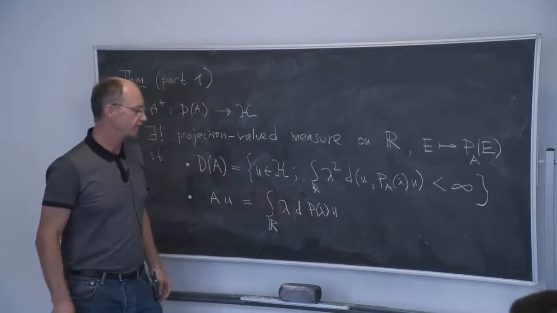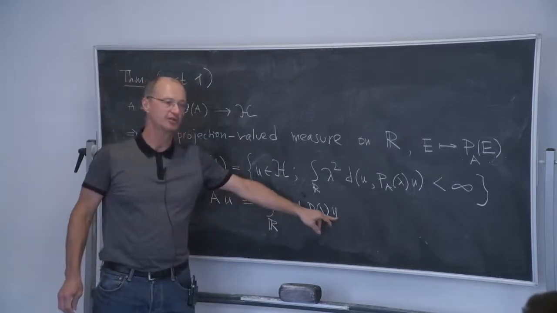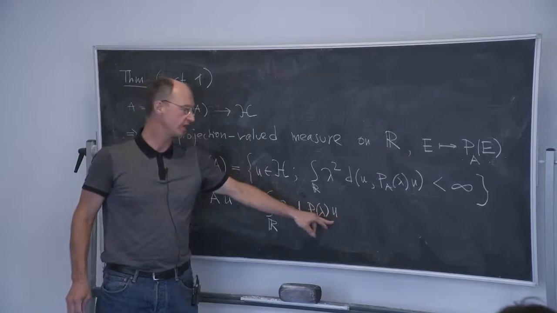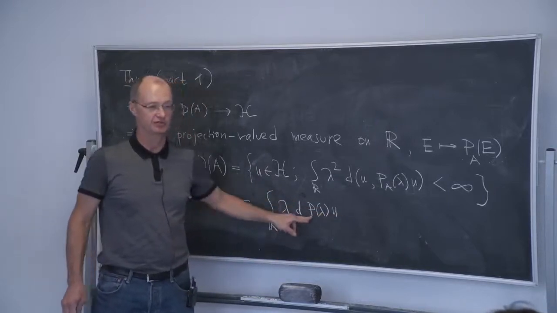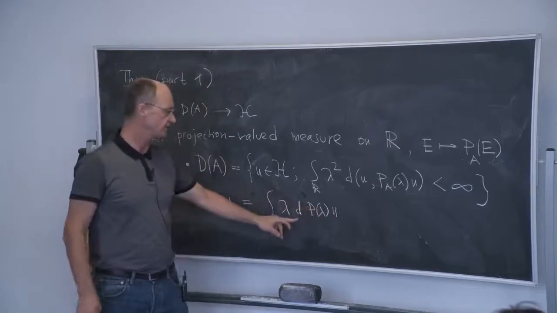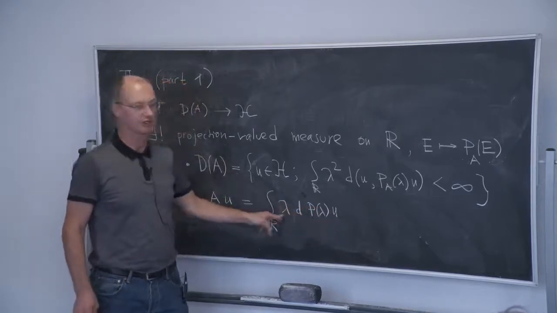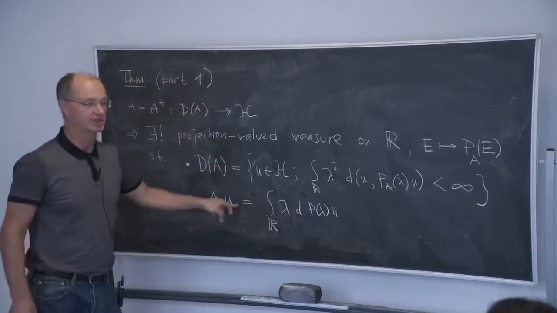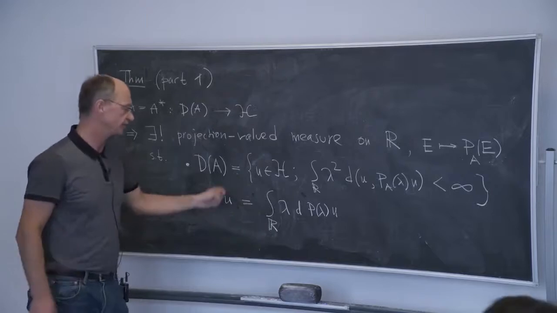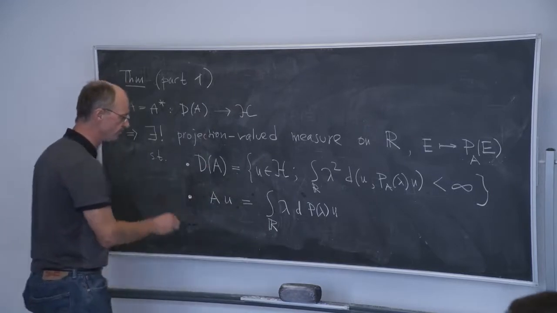Those were projection valued measures. We can act on them by those operators on vectors. We obtain in this way some kind of vector valued measure. So we integrate with respect to this vector valued measure just the linear function lambda. And this gives us the operator. So that we'll discuss a little bit more in a second.